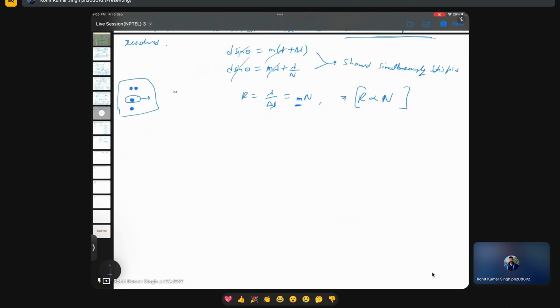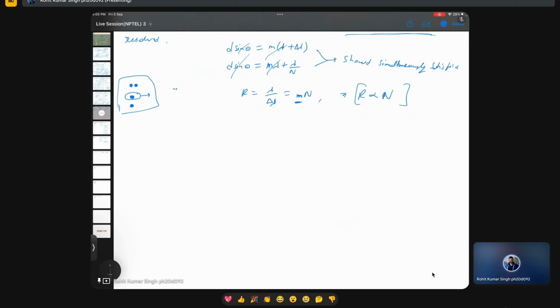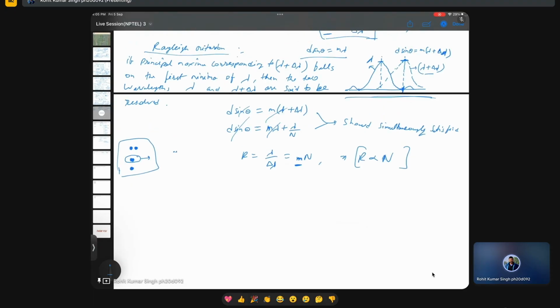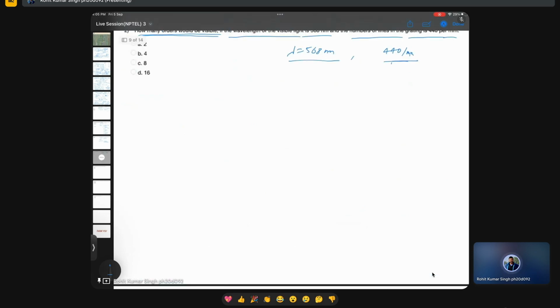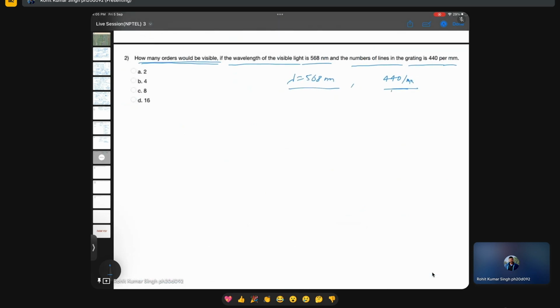Or using a microscope, you can calculate the resolving power by the same concept. So it is a very general thing in optics.